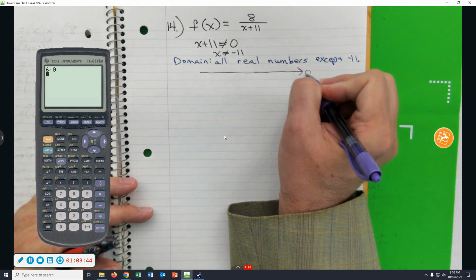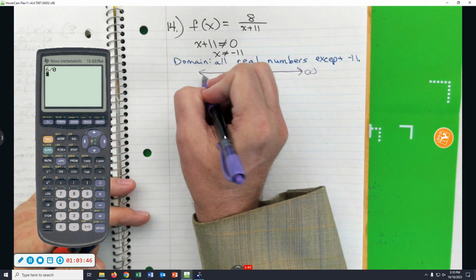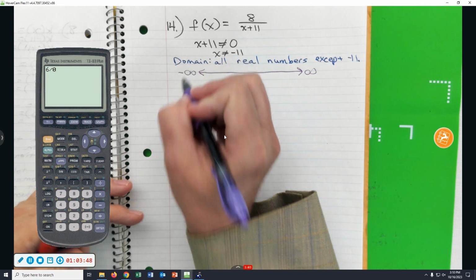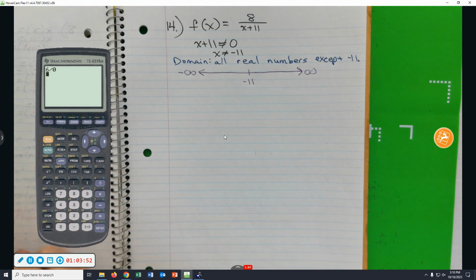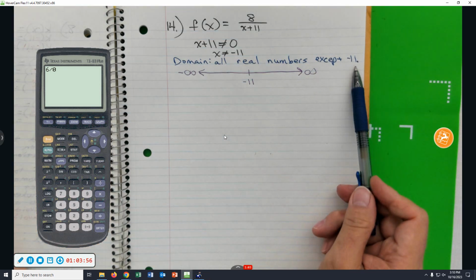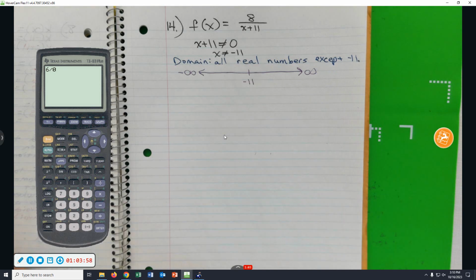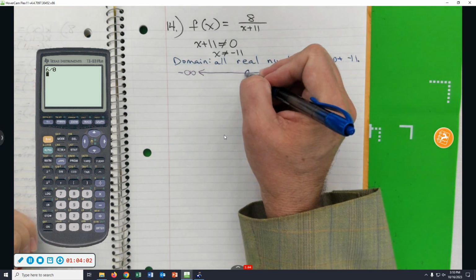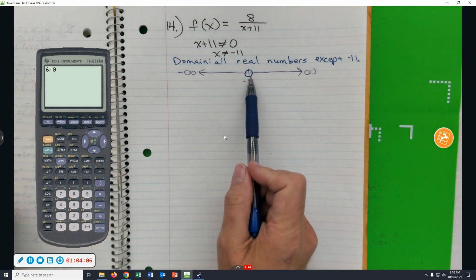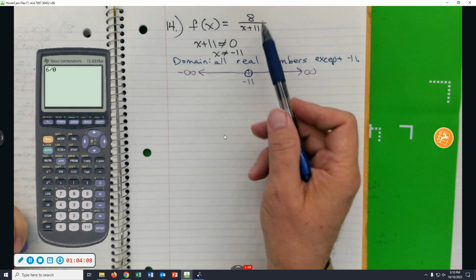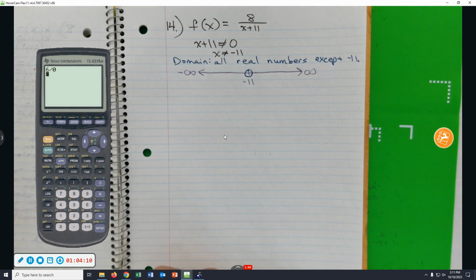There's my infinity. There's my negative infinity. And there's negative 11. We don't want to include negative 11. How do we always label those denominator cut points? Do we shade them in or leave them open? We'd leave them open because shading in means it's okay to use it. It's not okay to use negative 11 because you get 8 over 0, which isn't a number.